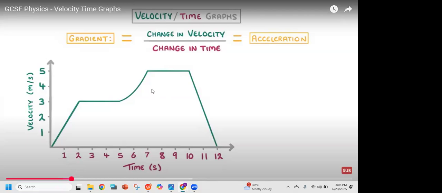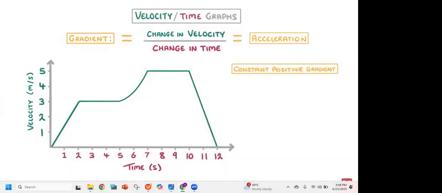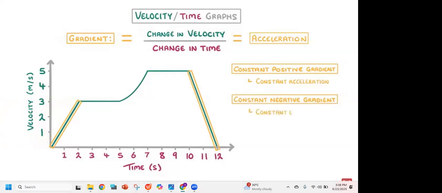Understood? Okay, so this means that if the curve has a constant positive gradient, like it does in this first section, then it must be experiencing a constant acceleration. Whereas if the curve has a constant negative gradient, like in the last section, then there must be constant deceleration.